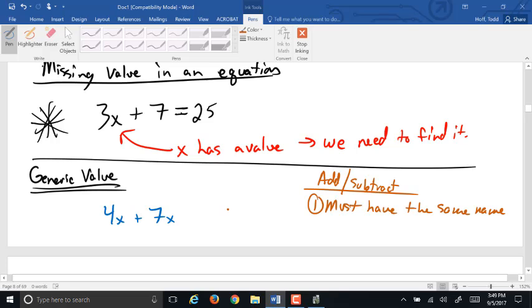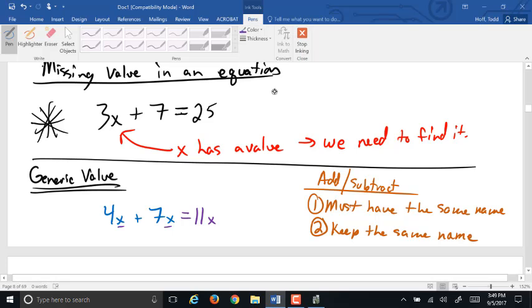Yes, they do. They're both x's. Now we're always going to combine the counts when we add or subtract. We keep the same name. So here we combine the counts. 4 plus 7 makes 11, and we keep that name of x.